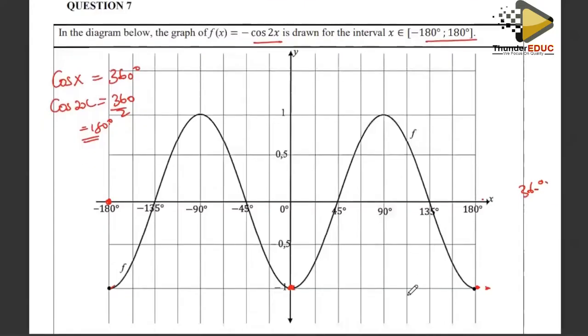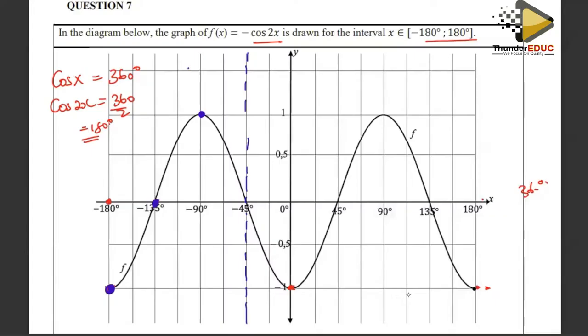Okay, so at -180, I'm getting -1. -135 is 0. Why don't I use a different color? So -135 is 0, and then -90 is 1. -45 is an error, which is an asymptote, okay?